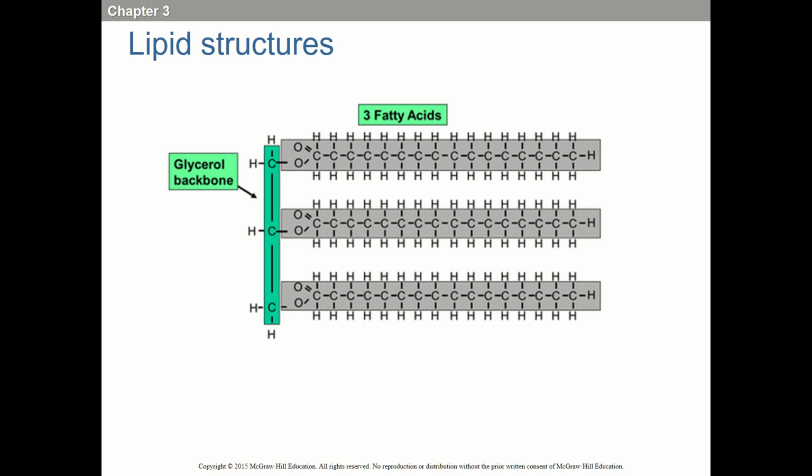Then we have fatty acids stuck onto it. These fatty acids are mostly carbon and hydrogen and a little bit of oxygen. In order to break these down, we have to breathe a lot more because there's not a lot of oxygen on them. Does that make sense to everybody? So tomorrow, when we're talking about the respiratory exchange ratio, that's effectively what's going on here.